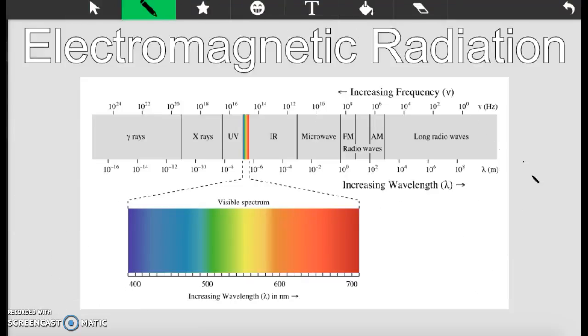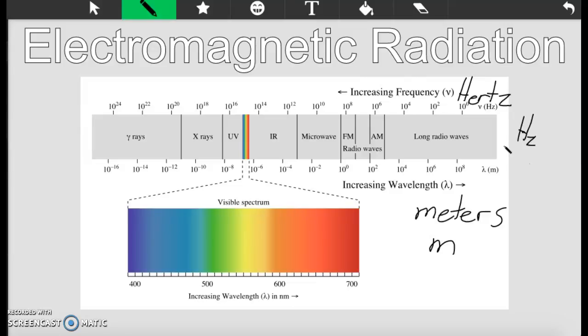Alright, and last thing, where it says wavelength, you have your lambda. Our unit for wavelength is meters. The symbol for that is the lowercase m. And frequency, our unit is hertz, and our symbol for that is big H, little z.